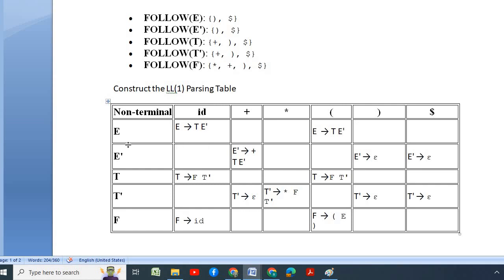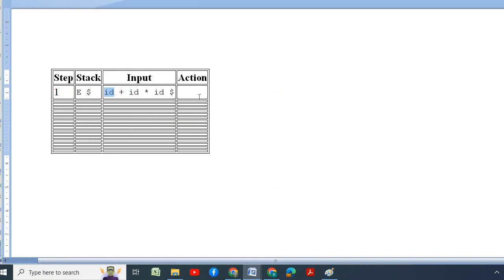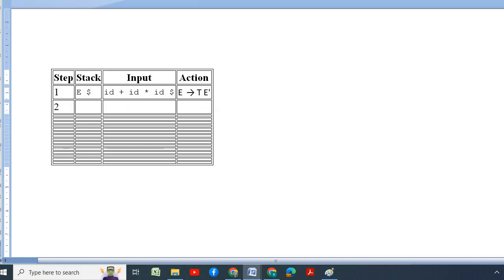This is the parse table we have constructed. E and ID says E tends to TE dash. This is the action. So in the second step, we have to replace E and push TE dash onto the stack.